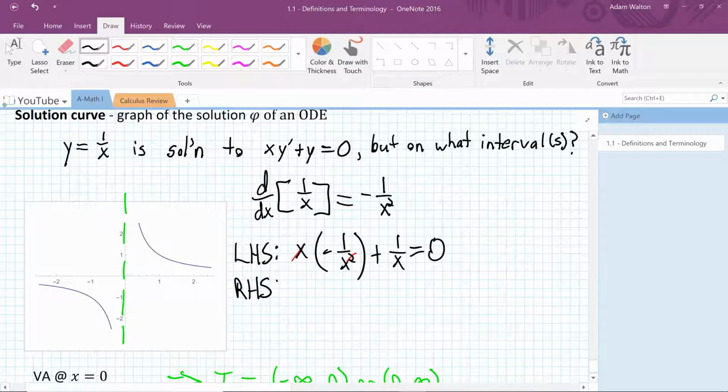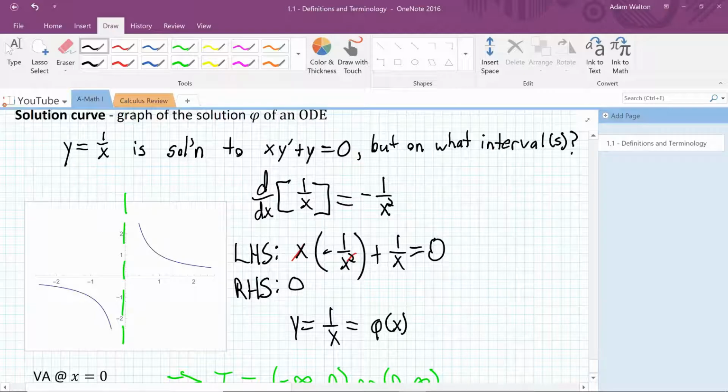And on the right-hand side, we just have 0. So once again, this satisfies that 1 over x can be called phi. We can say that y is equal to 1 over x, which is equal to phi of x.